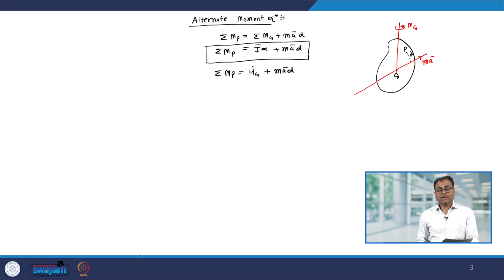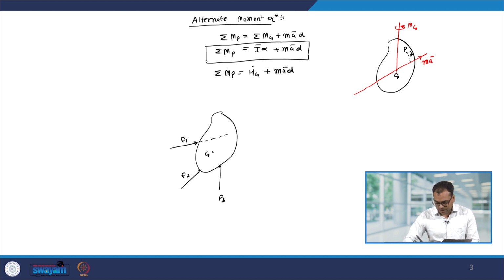Okay. Now, let us see when the point P is more convenient than the mass center point G. Let us say I have a rigid body, and on this rigid body forces F1, F2 and F3 are acting. So, we have our mass center G, let us say over here.